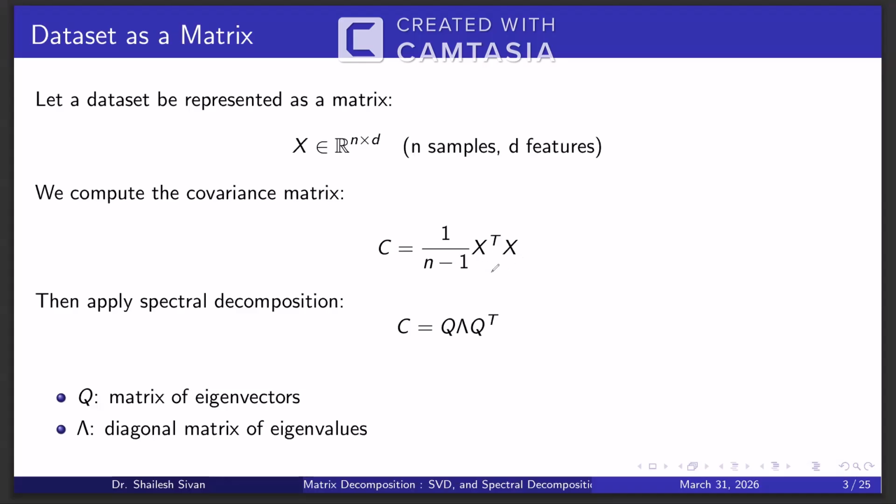After getting this correlation, it gives an idea of the directions of spread. How much variance is there between any two axes?